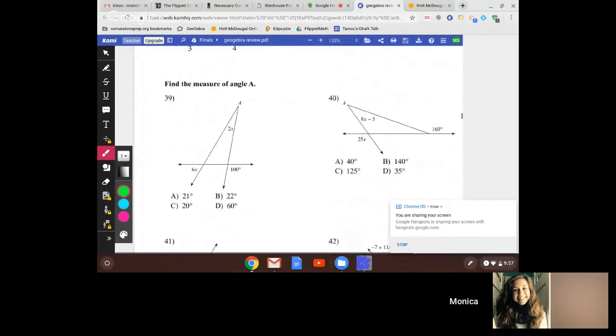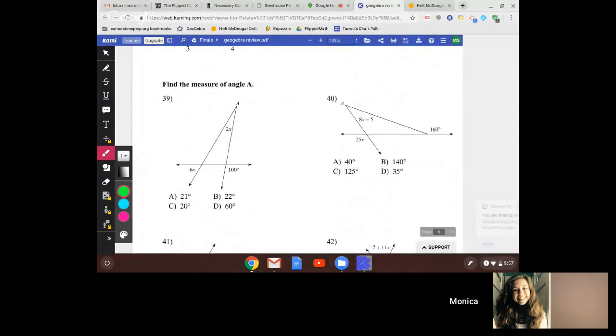Okay, Charlotte Ann, so for 40, there's a couple of ways that you can look at it. One way is to think about it as the exterior angle. So we know that this angle and this angle are vertical angles. So this measure here is also going to be 25x. And then what we have out here with this 160 is that it's an exterior angle.